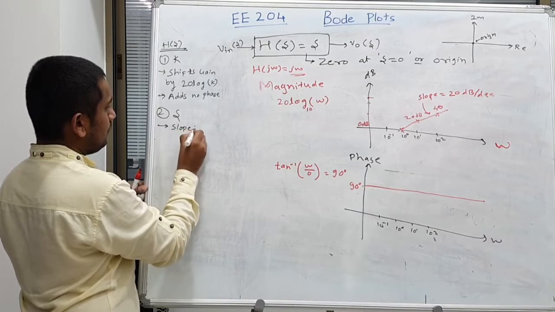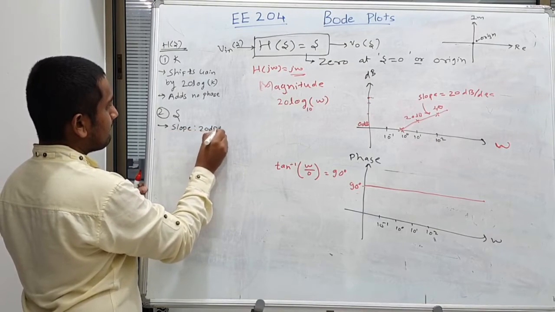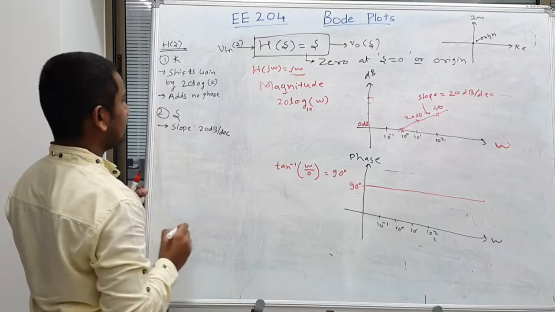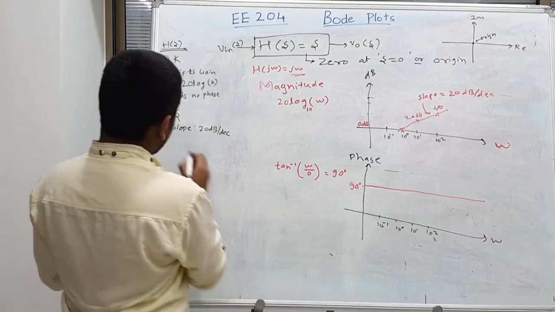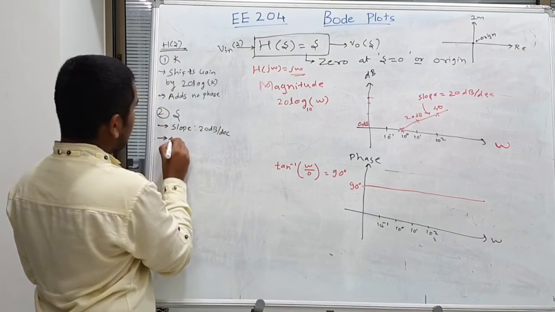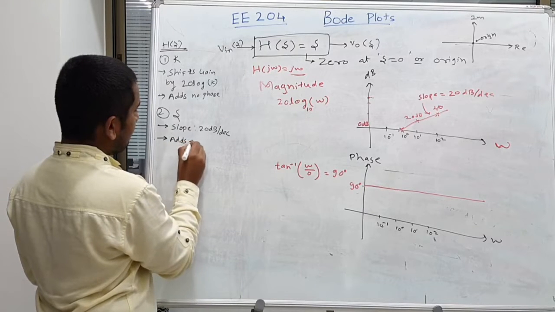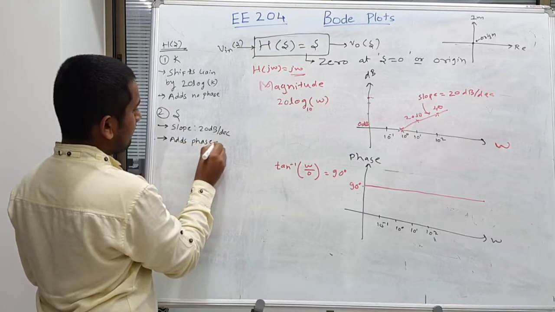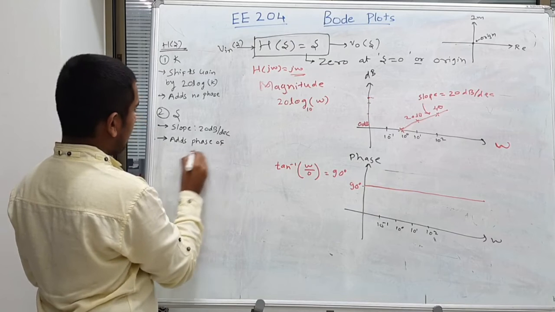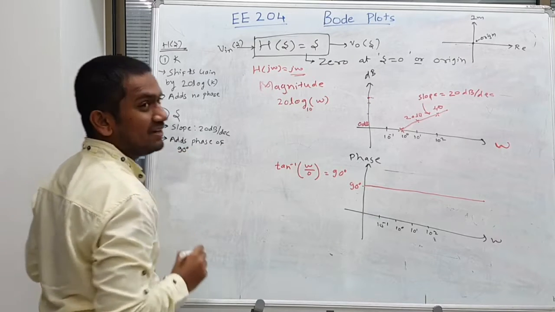So it has a slope of 20 dB per decade. And in the phase plot, it adds a phase of 90 degree.